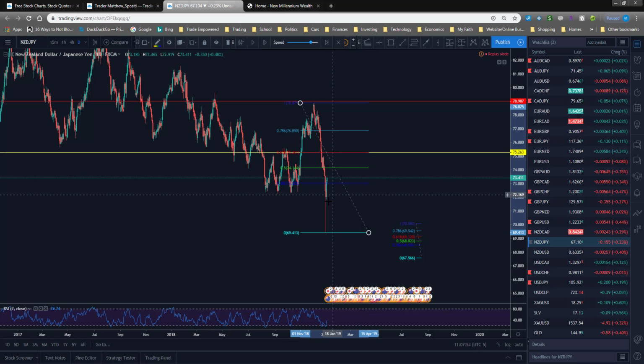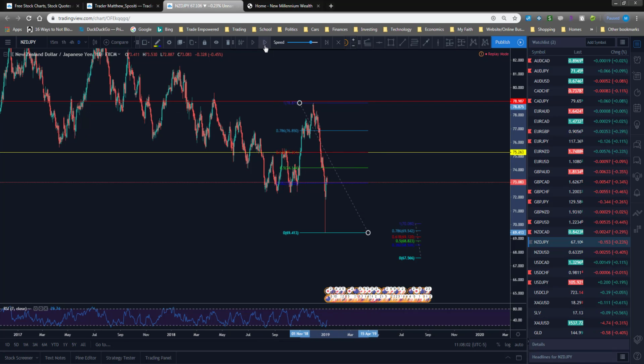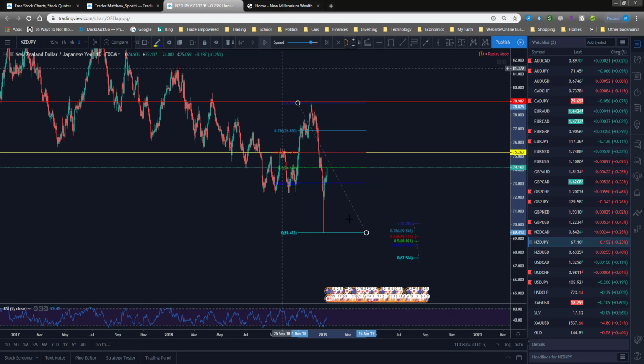And then once the market does make a new lower low and it starts to retrace, I would place my entry here and my stop loss, and then I would wait. If the market was to roll over and make a new lower low, lower close, then I would cancel these orders and I would move on with my life.